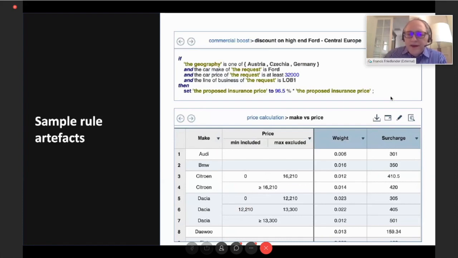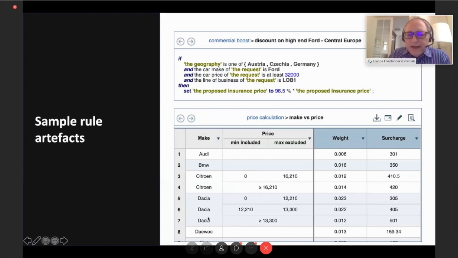Here you can see two artifacts. The first one is a business rule expressed in natural language. ODM supports up to 15 languages, so you can write these business rules using business terms in natural language or pseudo-natural language. You can also have some decision tables.